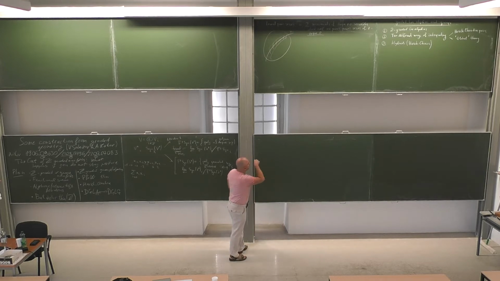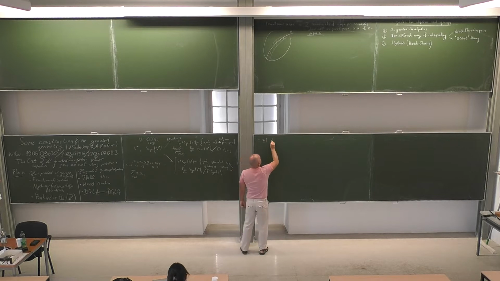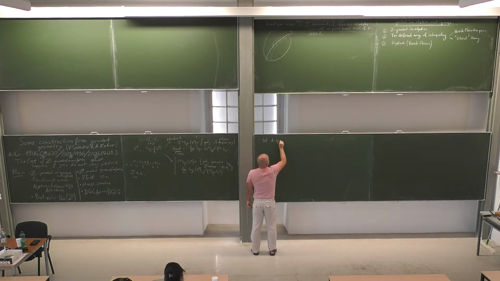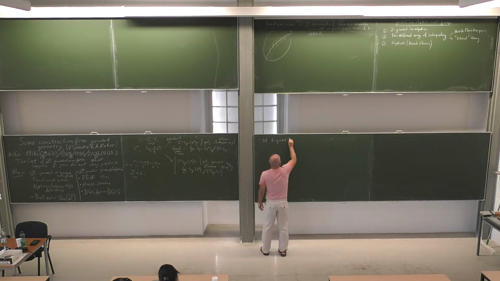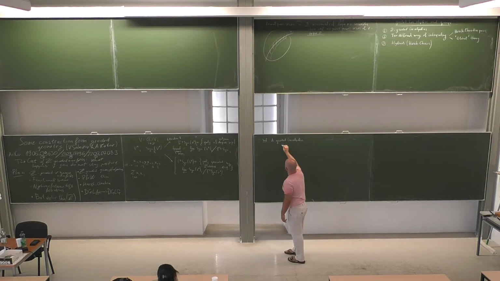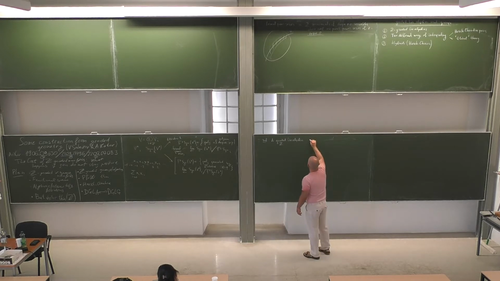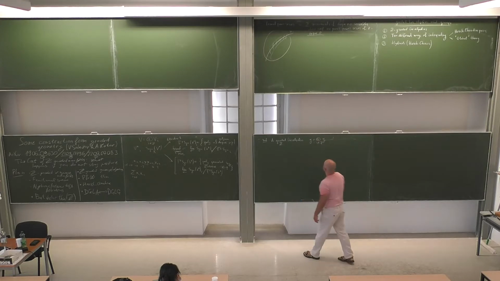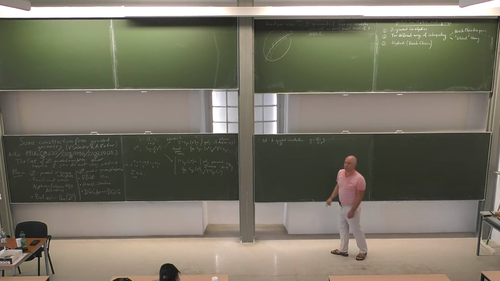By definition, a graded Lie algebra, and by graded I will mean Z-graded in this talk, is a Z-graded vector space in the above sense, which is probably a superspace.